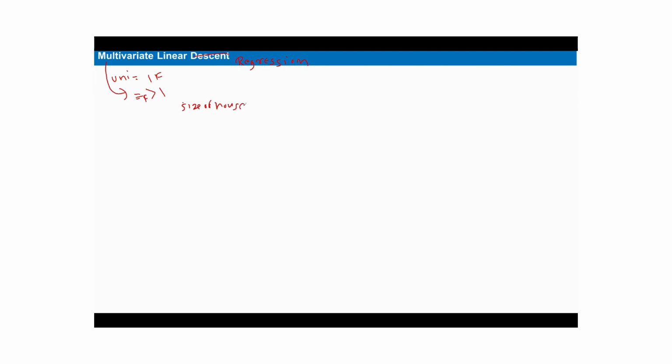But in multivariate linear regression, it may be the number of bedrooms, then the number of floors, then other features like whether parking is available, and many more features like that.